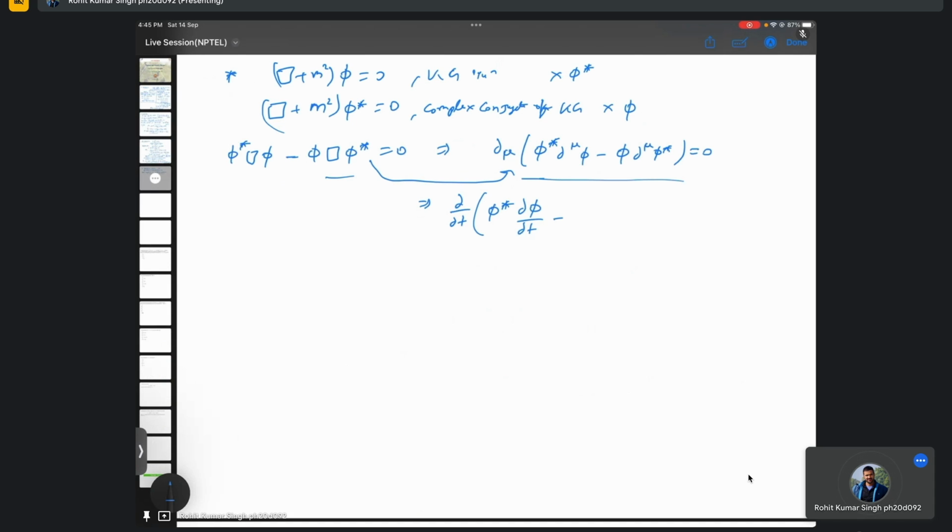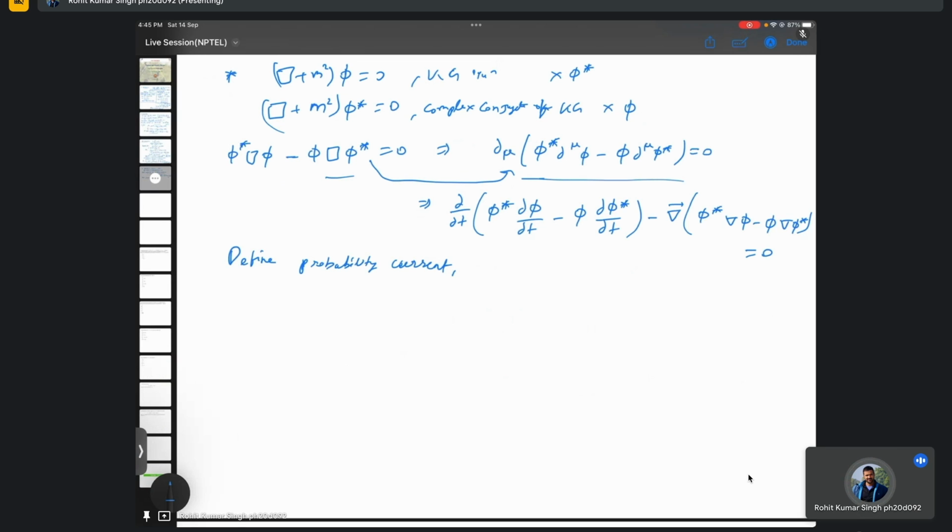So for time, this is what we get, and for the spatial coordinate, we have the gradient. Now, if we define a kind of probability current, so in quantum mechanics we have a probability current for wave functions, right?